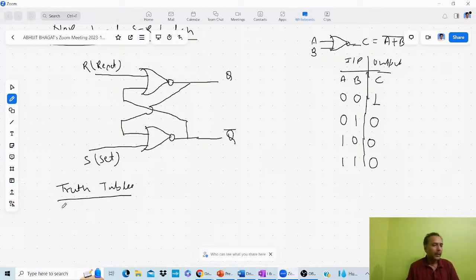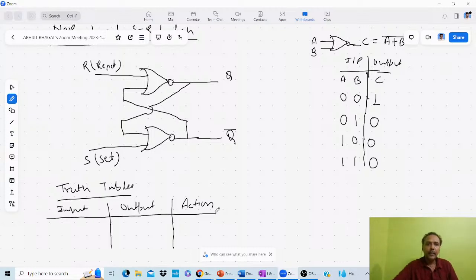First there is the input, then output, and then there is a column for action. Here the inputs are S and R, and you can see Q and Q bar are the outputs.